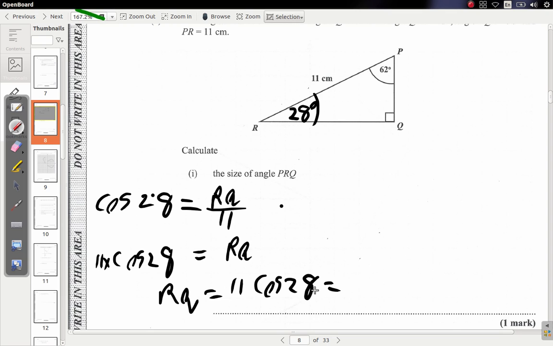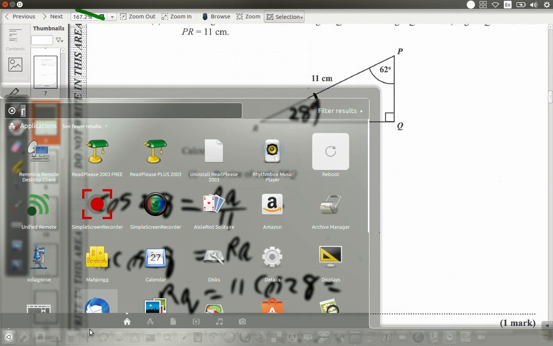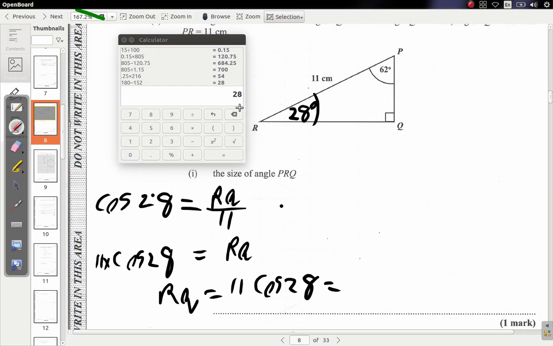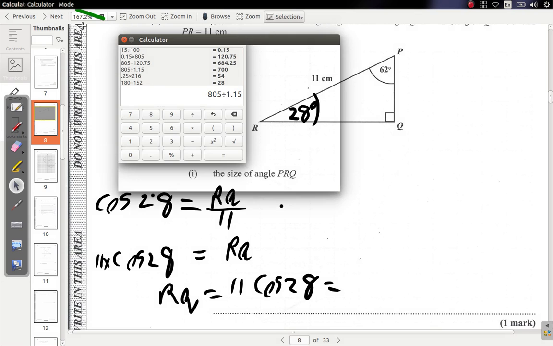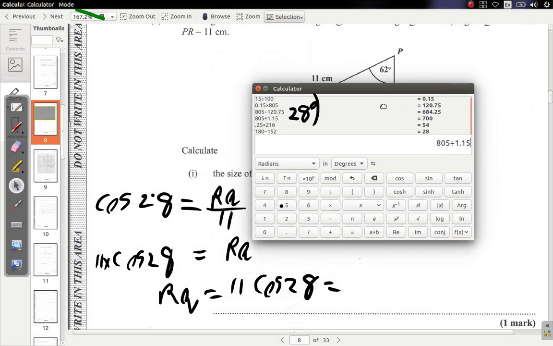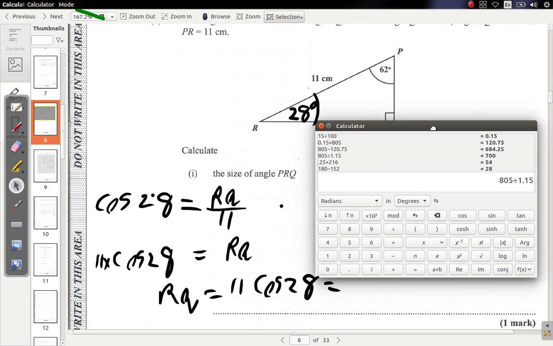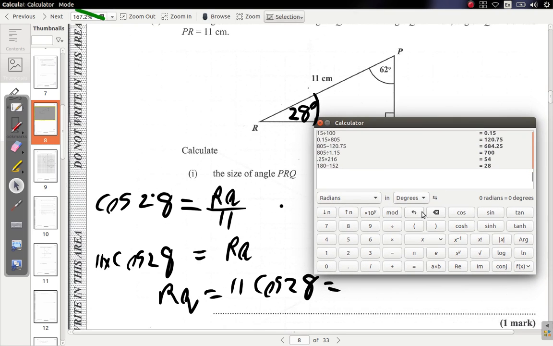So reach for the calculator. Make sure your calculator is in degree mode, right? So I have to put it in advanced mode. Let me see now. Advanced with the cos and so on. So in this case, 11 multiplied by the cosine of 28 equals 9.71.